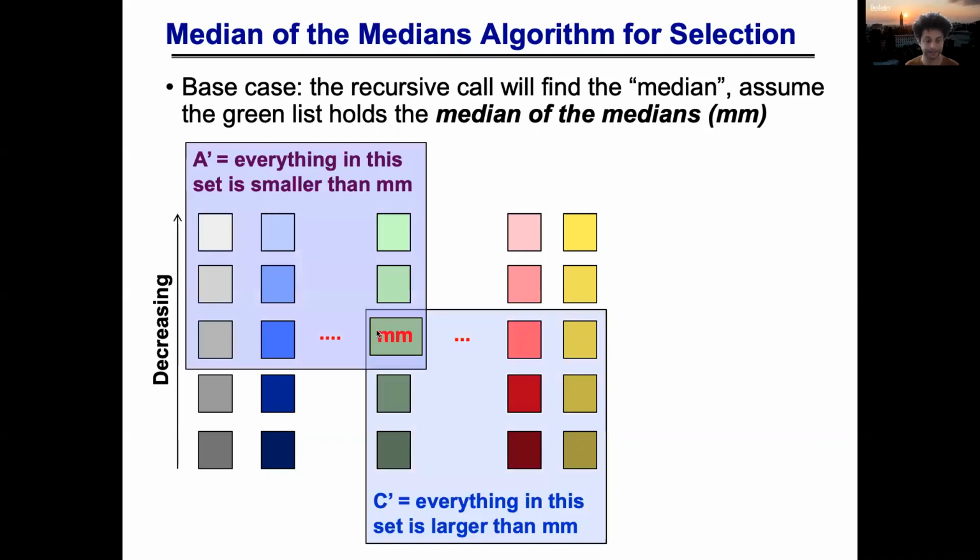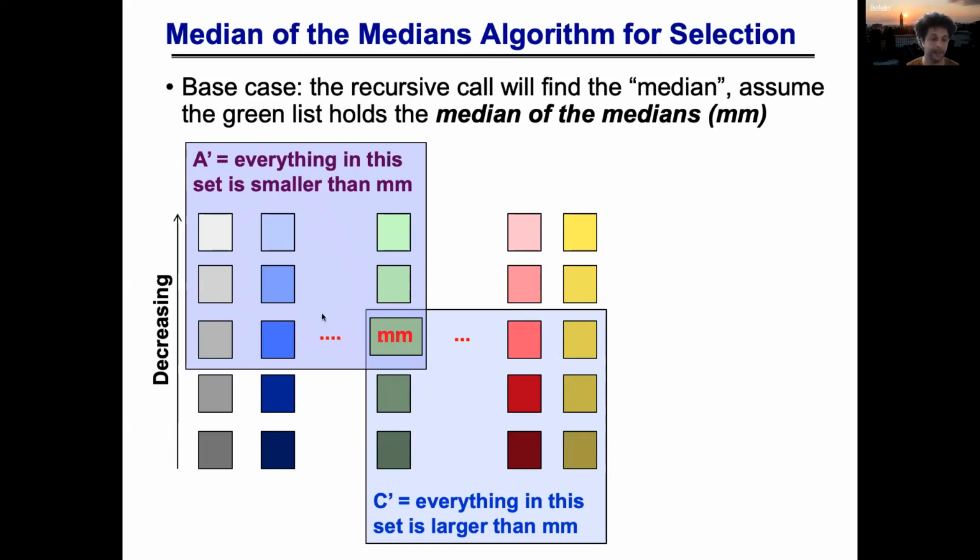Now, what can I say? I can say that any element in this box on the top left, let's call them A prime, is smaller than the median of medians. Why? Because every single median that is to the left of the median of medians is by definition smaller than the median of medians.